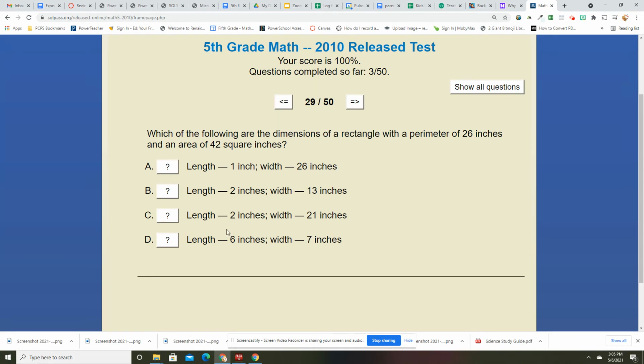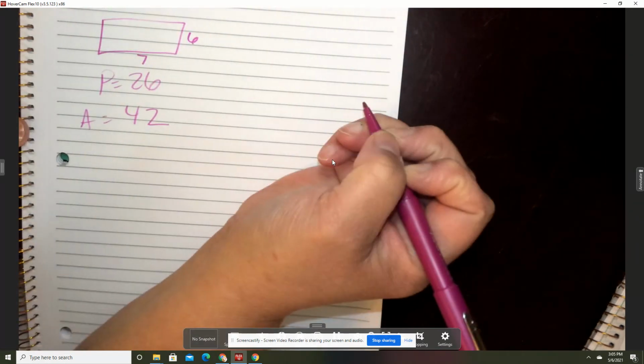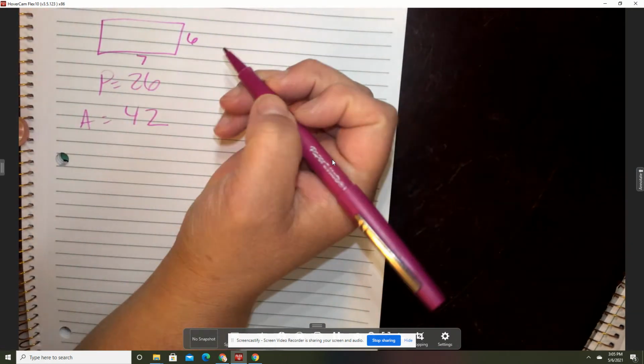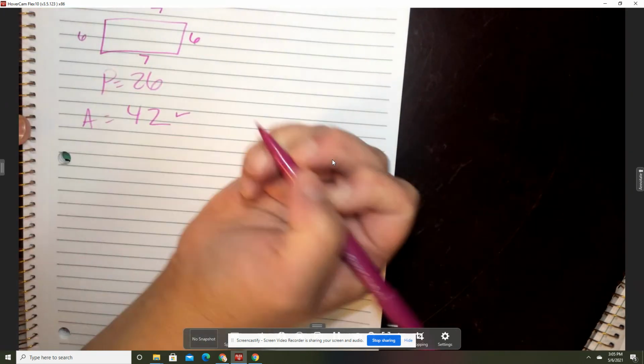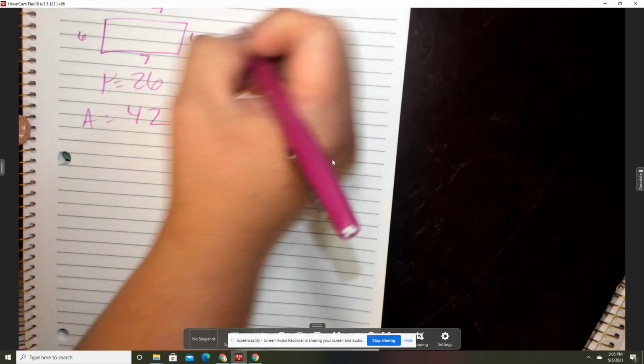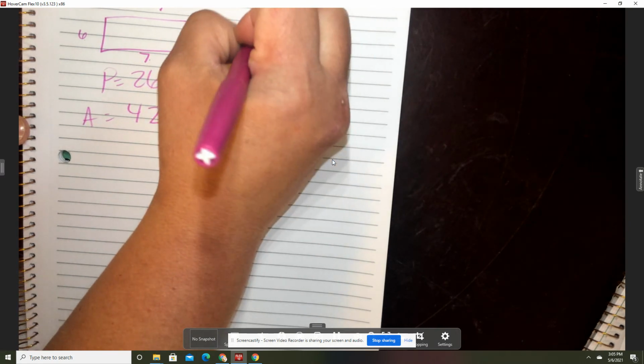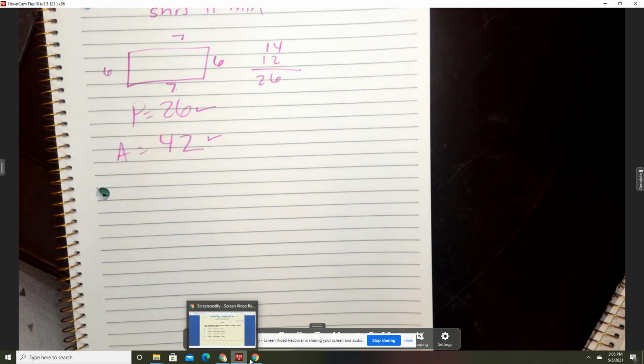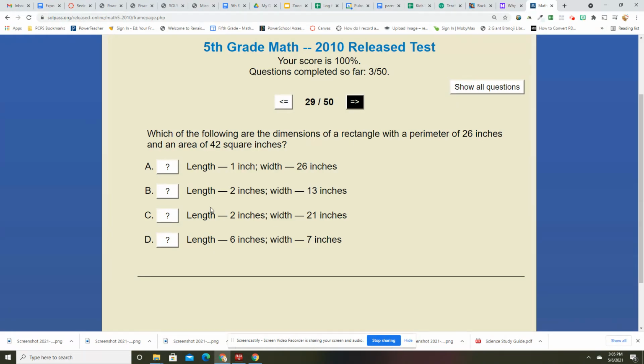So let's see if 6 and 7 would be it. 6 times 7 would be 42. Now let's see if that would get us the 26 as our perimeter. 7 plus 7 is 14. 6 plus 6 is 12. 14 plus 12 is 26. Yeah. So those are the dimensions.